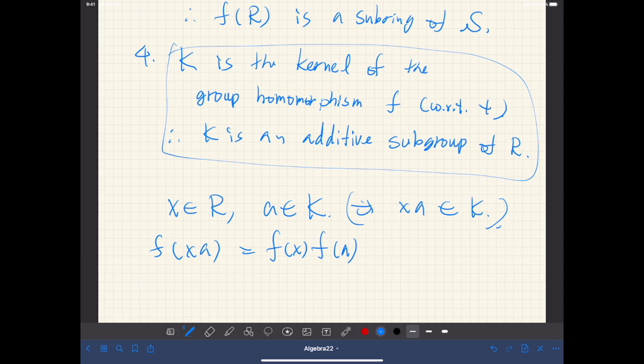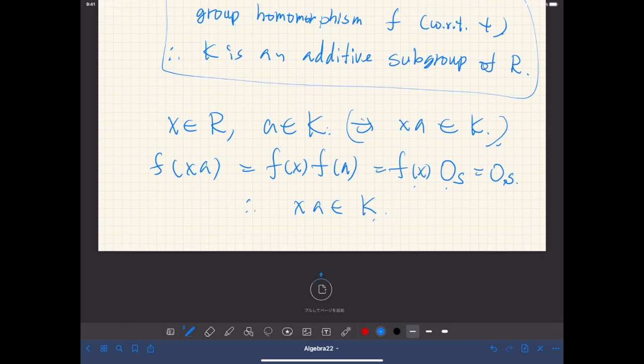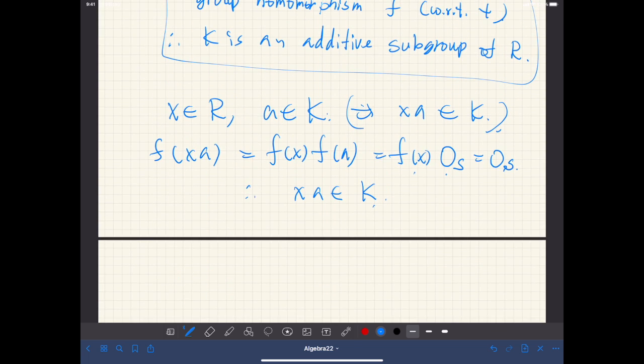And since a is an element of the kernel, this maps to the 0 element of S. But the 0 element times any element is the 0 element. Therefore, xa belongs to K.